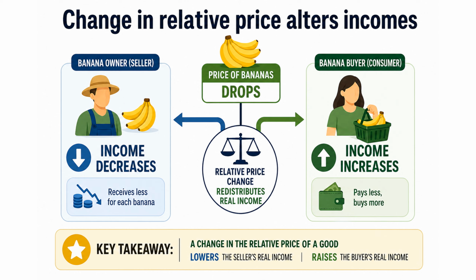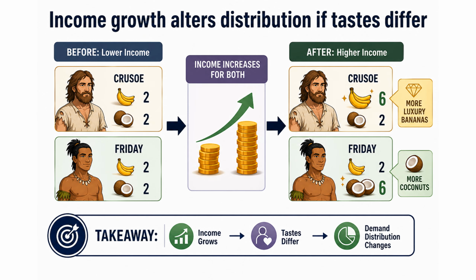Once that is clear, the next step is income growth alters distribution if tastes differ, because it develops the next piece of the same argument. When income increases, consumers may change their buying habits based on their preferences. Put more directly, income growth can alter the distribution of demand among goods, especially if consumers have different tastes.